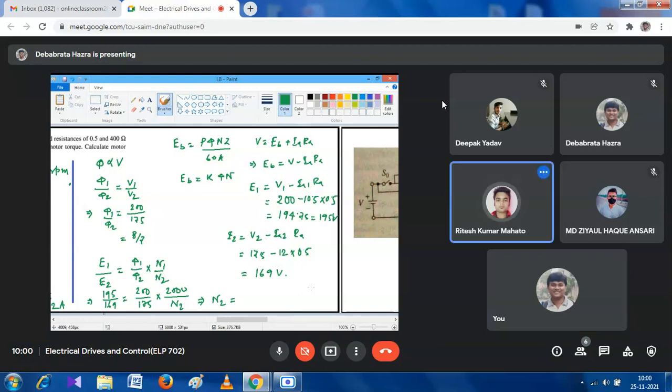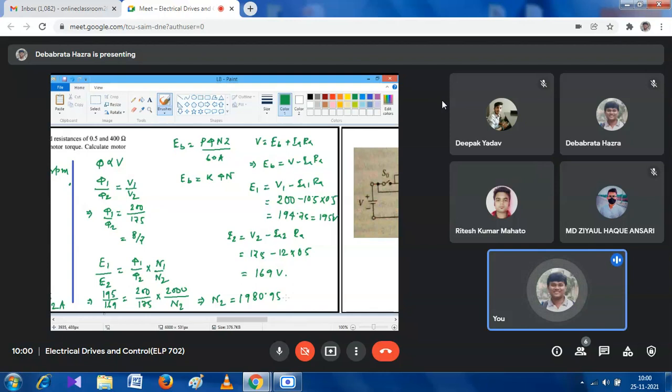Sir, 1980.95. Yes, that 1980 means you can write 1981 RPM.